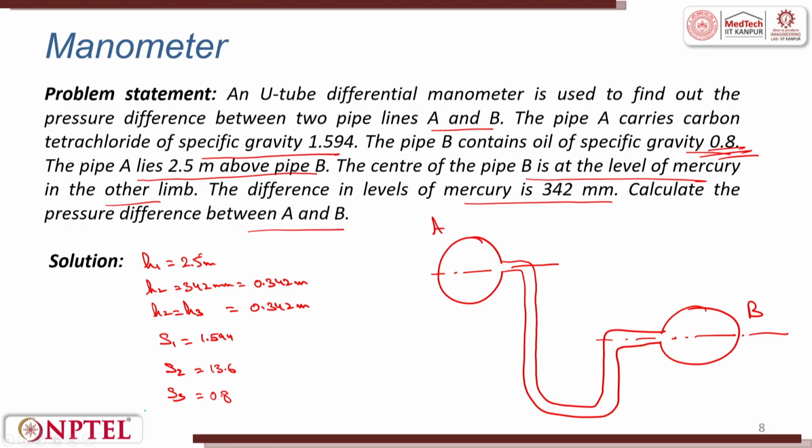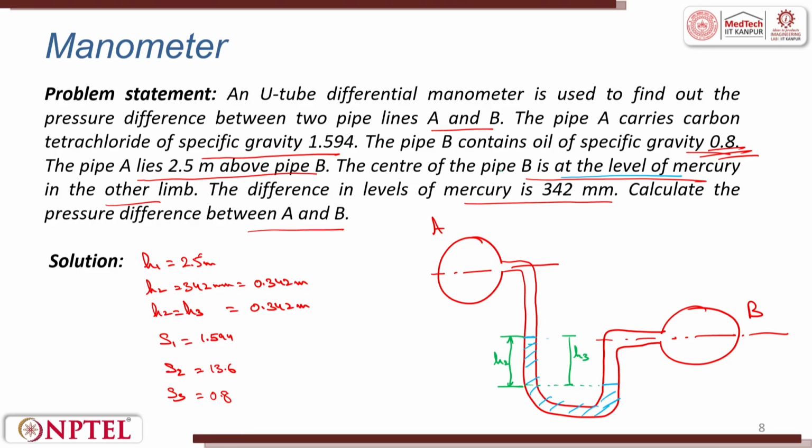Now, because they say the center of pipe B is at the level of mercury, so mercury is filled till this point here, till the center of pipe B. That is, this is the same level here. So, here the fluid is filled until what level? Till the level H3 here. That means this dimension or height here from this level, this is H2 for mercury, and it is same as H3, right.